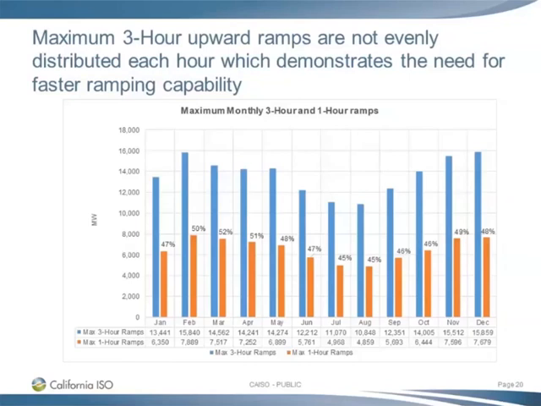So this is a clear indication now that the ramping needs in the system are increasing, because when you look at the values here, if you look at February, 7,800 megawatts in an hour. These are a lot. You look at February, March, April, November, December, they were all greater than 7,500 megawatts, more or less.